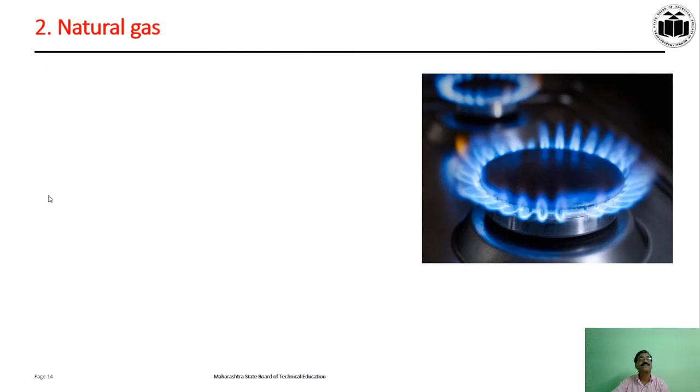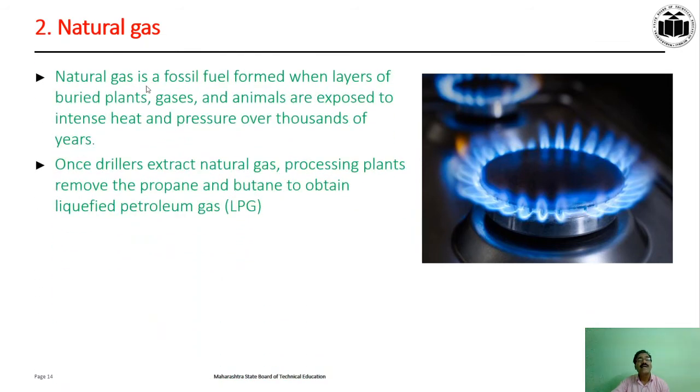Natural gas. Natural gas is a fossil fuel formed when layers of buried plants, gas, and animals are exposed to intense heat and pressure over thousands of years.